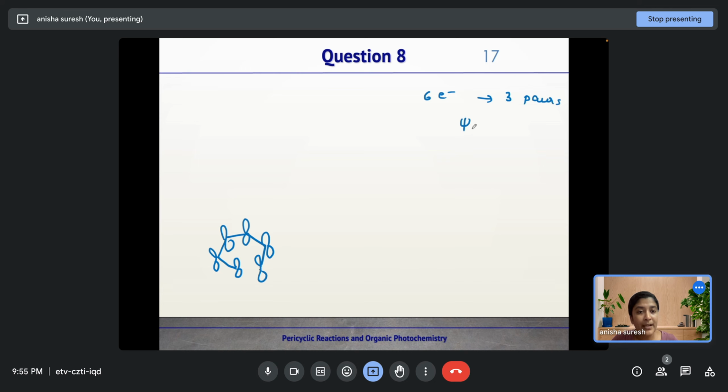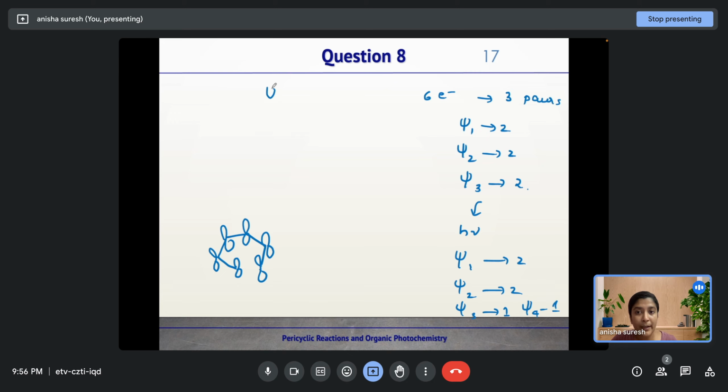So it will be psi 1, 2 electrons, psi 2, 2 electrons, psi 3, 2 electrons. When it is subjected to h nu, then it will be psi 1, 2 electrons, psi 2, 2 electrons, psi 3, 1 electron, and psi 4, 1 electron.